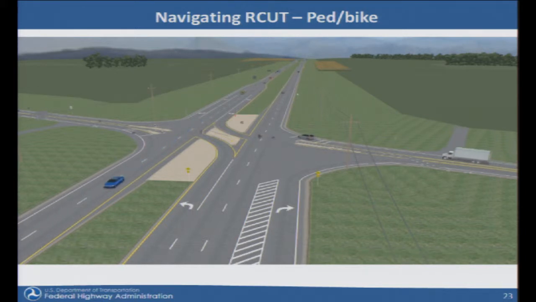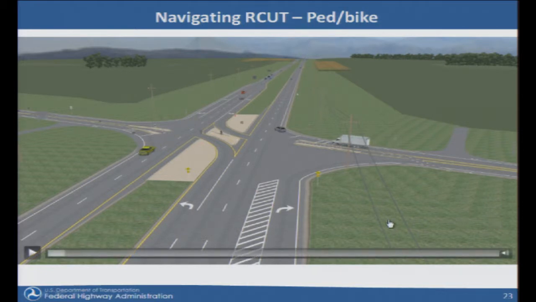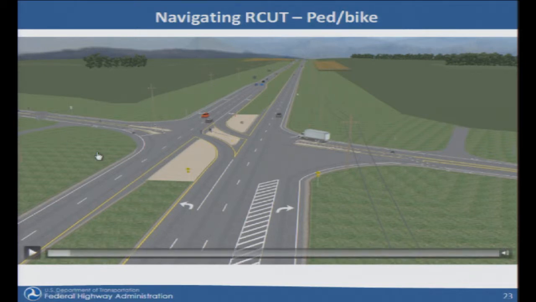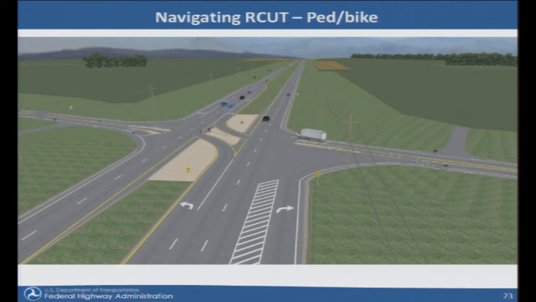And then we have another kind of user, non-motorized traffic, pedestrians and bicyclists. How will this type of user go through the intersection? Now, in this case, the traffic on the minor road is very low. It's during the peak period.